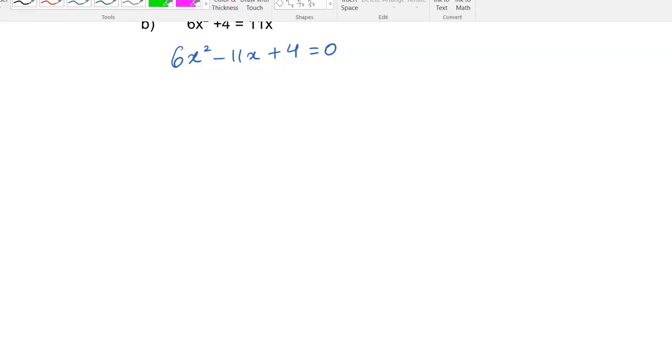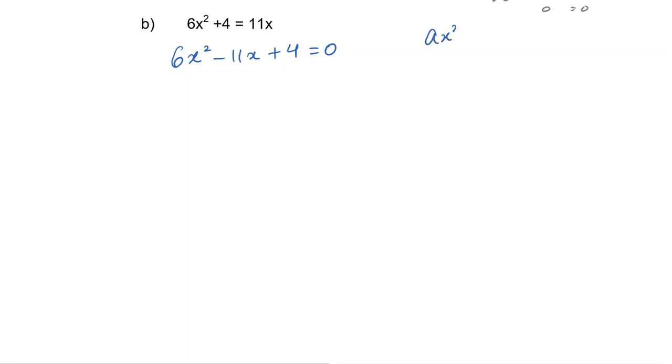And then the next thing we're going to do is compare it with ax squared plus bx plus c. In this case, we notice that A is 6, B is negative 11, and C is 4. This is the case when our leading coefficient is not 1; our leading coefficient is 6.